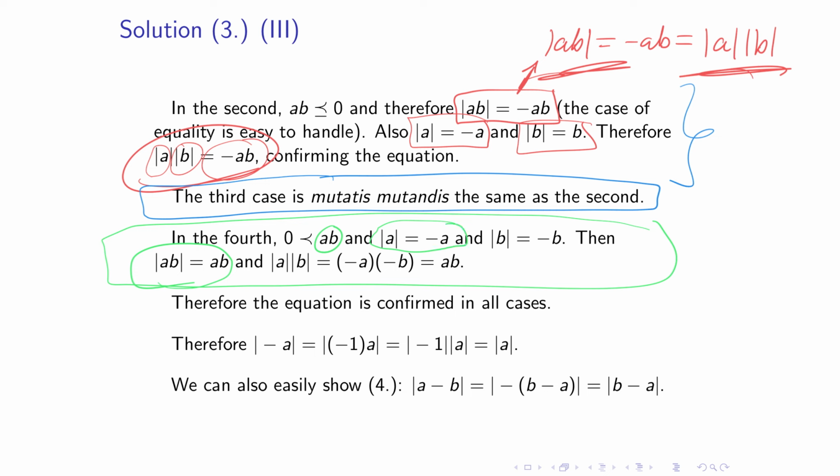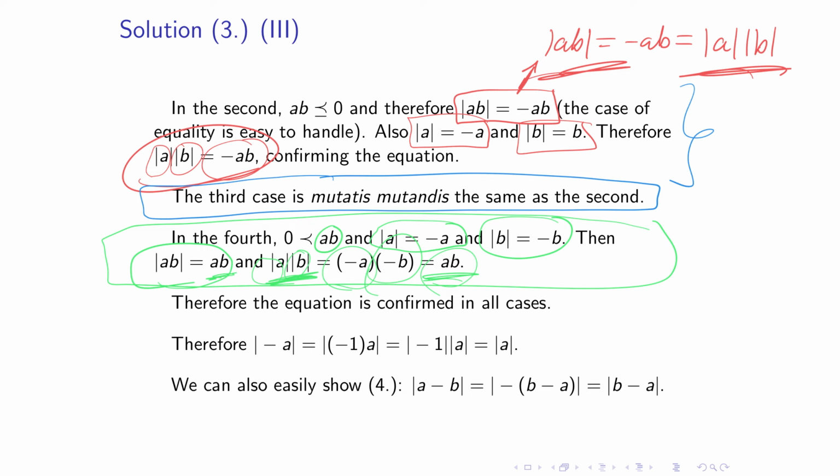Also, we know that absolute A is negative A and absolute B is negative B, and when we compute this piece by piece, we get negative A times negative B. That then simplifies to AB. Since absolute AB was just AB, and this thing here is also AB, they're equal. That concludes the proof there.